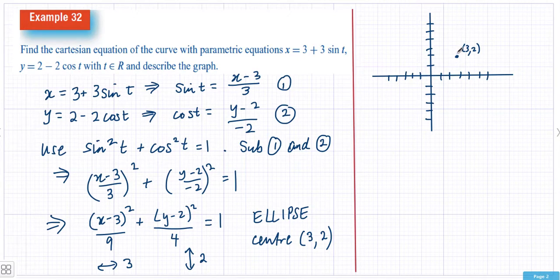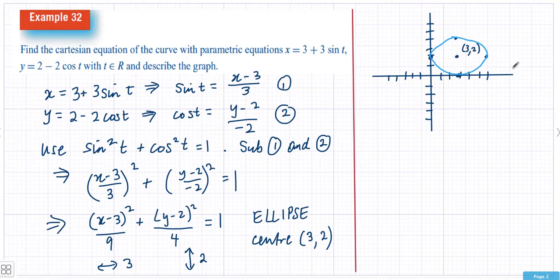In each direction we're going up by 2, and down, I should say. And then left and right we're going to go 3. 1, 2, 3. 1, 2, 3. This particular ellipse is wider than it is tall. And when you're sketching these, try not to get any points. It's a bit pointy on that side, but try not to get any points happening.